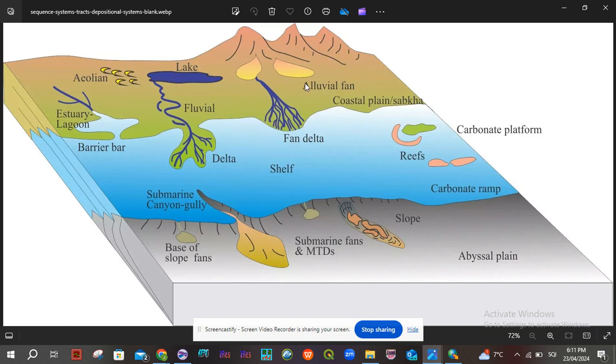From the definition, an alluvial fan is continental. Let's say we have some sediment coming through rivers within the high areas, where we have high velocity.